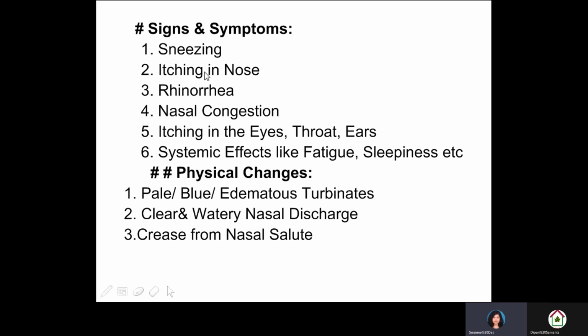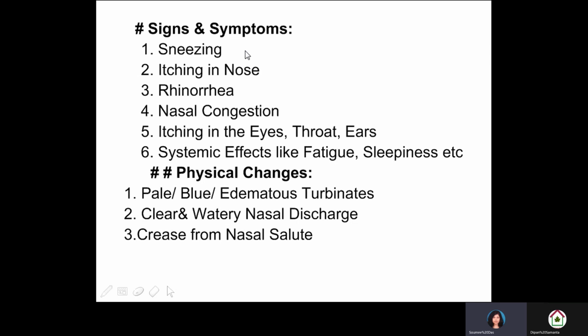So not exactly the classical or conventional itching, but there would be a kind of itching or irritating sensation inside the nose. You'll feel like something is coming out from your nose. You'll try to remove that, but you'll see actually there is nothing coming, but there is a sensation of itching or sensation of something coming out of your nose in the case of allergic rhinitis.